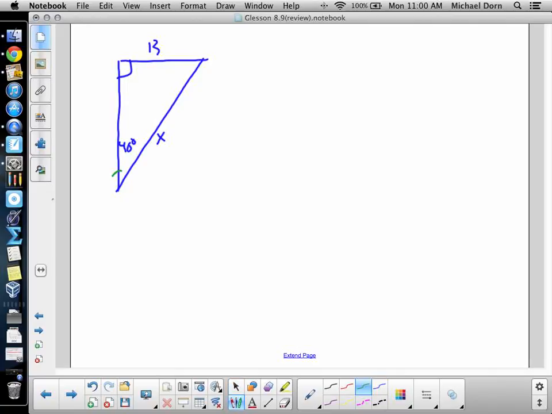This is my angle, so this is where my little person stands. 13 is the opposite side. X is the hypotenuse. And we have SOHCAHTOA. Opposite over hypotenuse is sine.